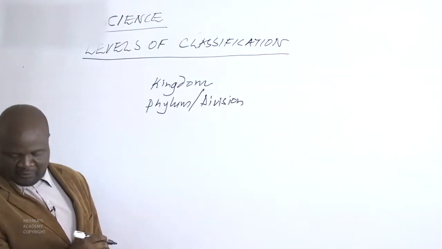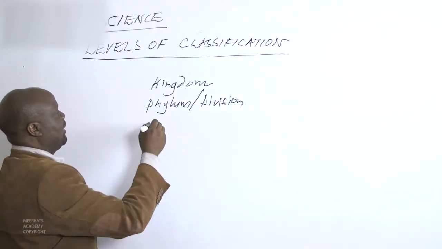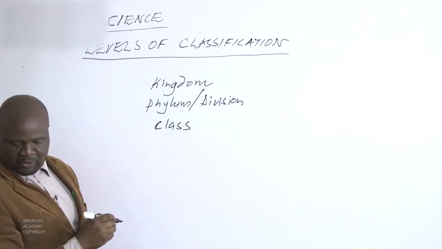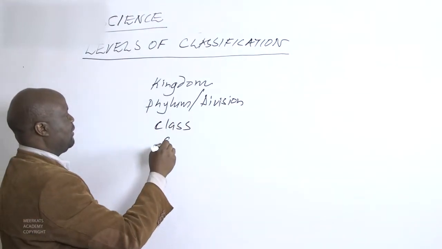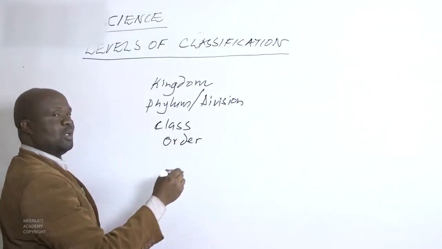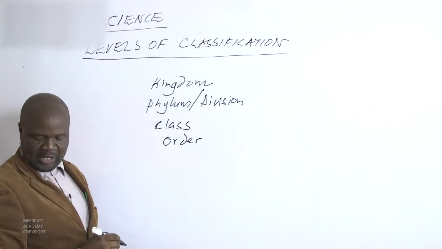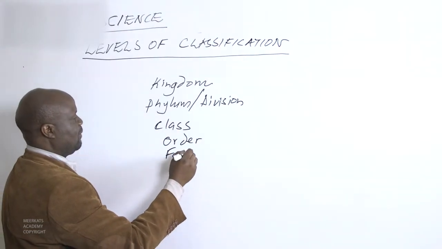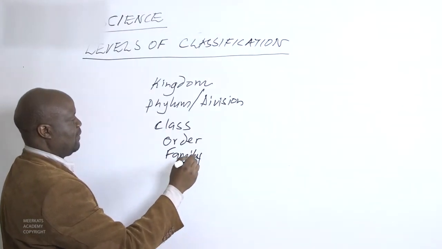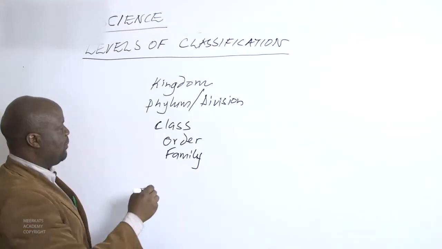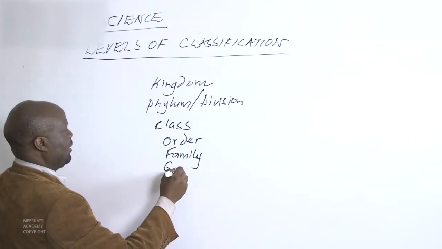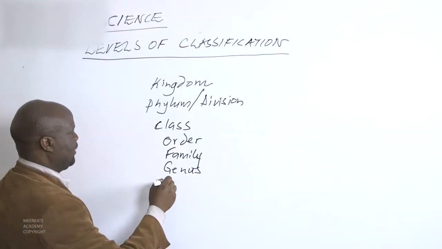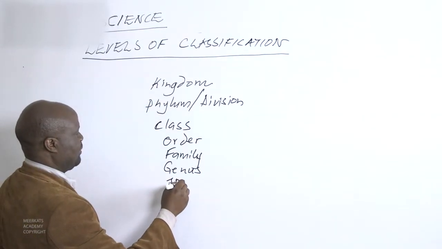And then after the phylum, we have the class. Then below the class, we have the order. Then below the order, we have the family. Then below family, we have the genus. Then below the genus, we have the species.